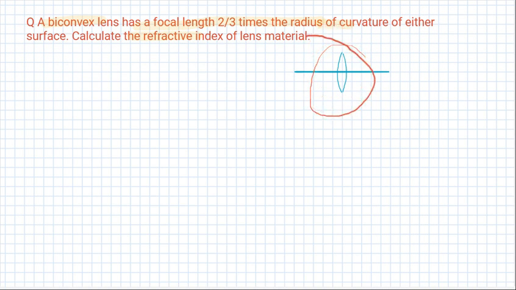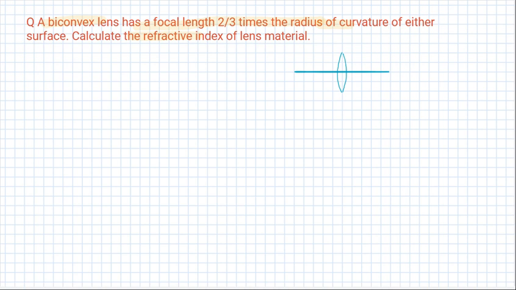The surrounding medium is air. And if it is air, what should be the refractive index? The refractive index of air should be 1. So this is our first assumption.